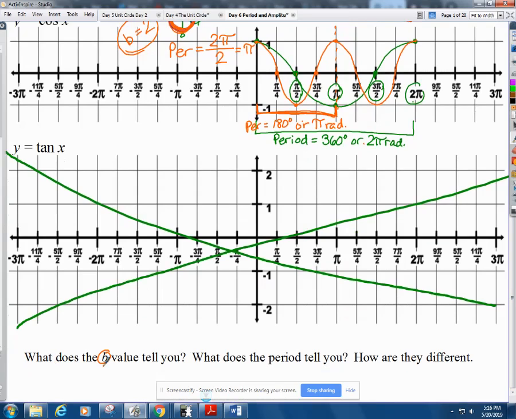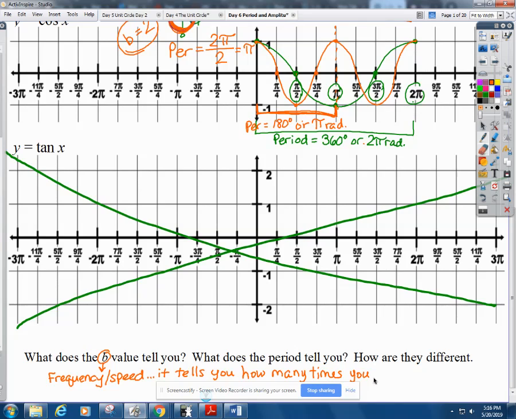The B value is frequency or speed. I'm going to write this a little differently.